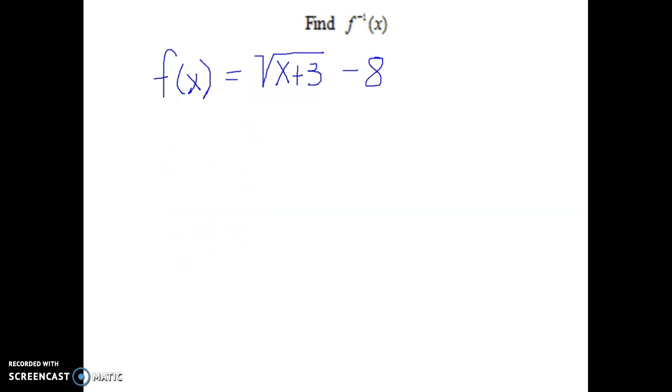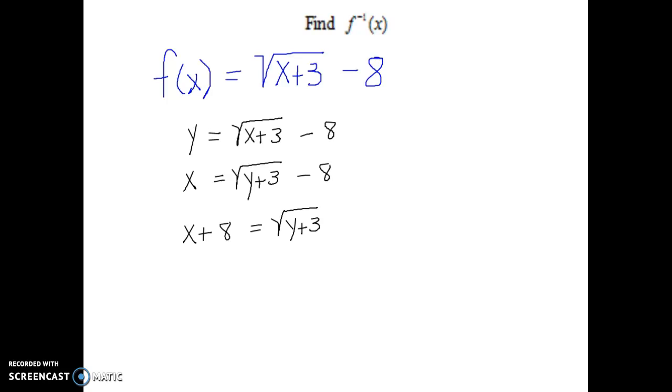This one's similar to the last, but I have a subtract 8 that's outside the square root. In order to solve for y, I need to take care of that subtract 8 first. So my first step is going to be to add 8 to the left side. Next I need to apply the inverse of the square root, so I need to square both sides.